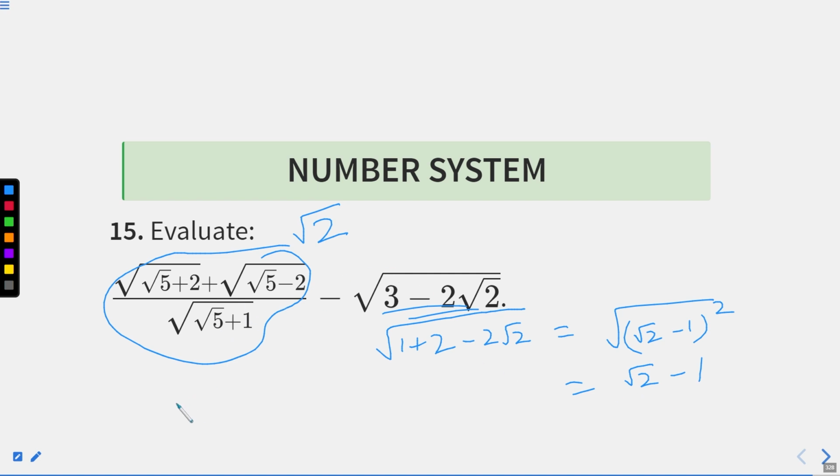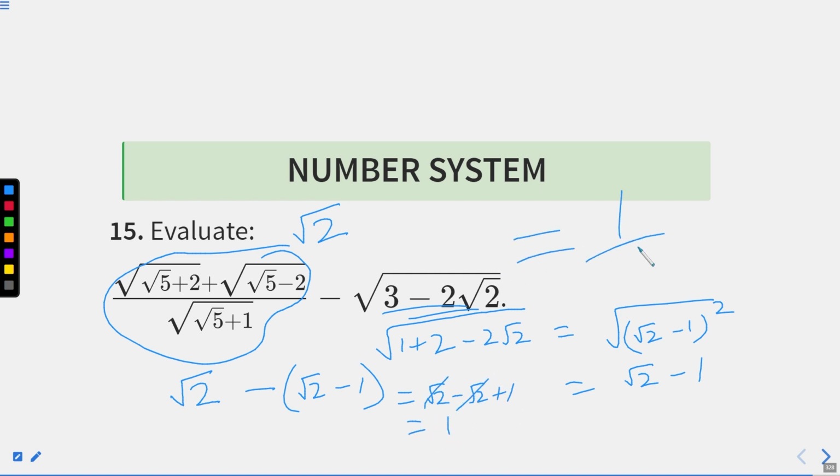According to our question, it is root 2 minus root 2 minus 1, which is equal to root 2 minus root 2 plus 1, and root 2 gets cancelled. So the answer to our question is 1. I hope this is clear to you.